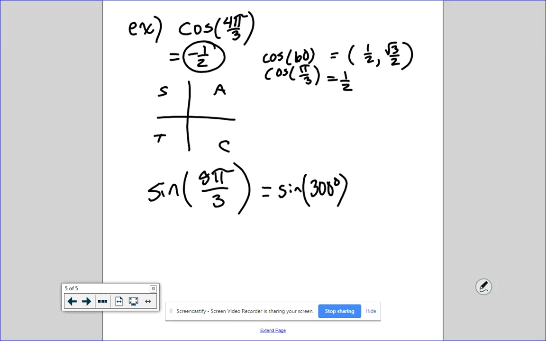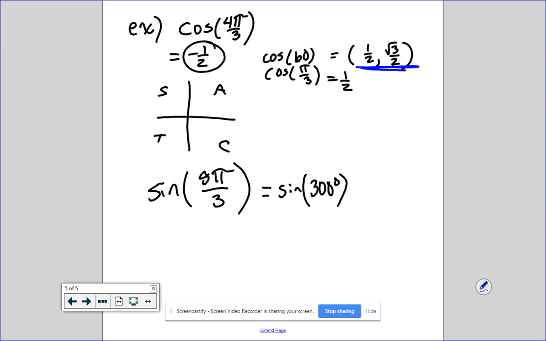So now we know, since it's divided by 3, that it's in the 60-degree bow tie, which tells us we're still using that same xy coordinate, 1/2, square root 3 over 2. Because again, if it falls in the 60-degree bow tie, it's going to be this same xy value. It's just a matter of whether that value is positive or negative.